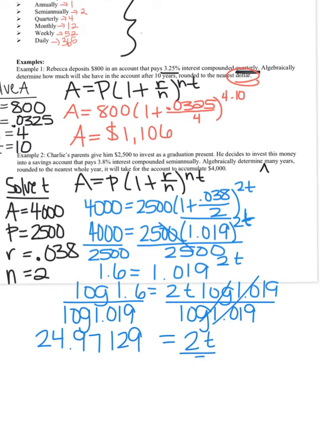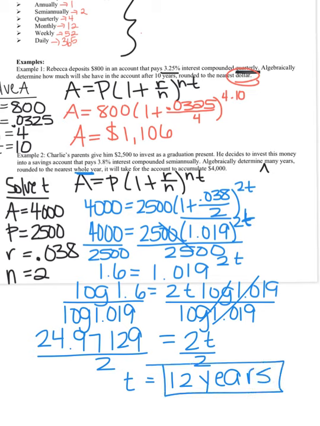And then lastly, divide by 2. Divide by 2, and you get t is equal to, and now you can round, 12.48 and so on. We are rounding to the nearest whole. So the 4 tells me to keep this as 12. And our answer is 12 years. So it'll take 12 years for $2,500 to turn into $4,000.